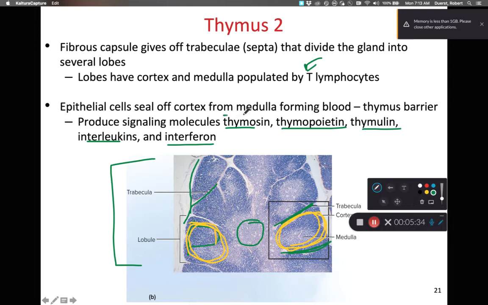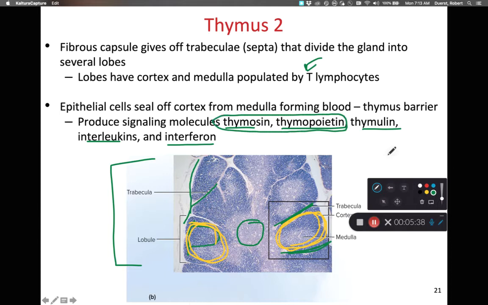We talked about thymosin and thymopoietin previously. Just to review, thymosin is going to stimulate the development, or the maturation, of white blood cells. And thymopoietin is a hormone that helps to promote the development or the generation of new white blood cells.